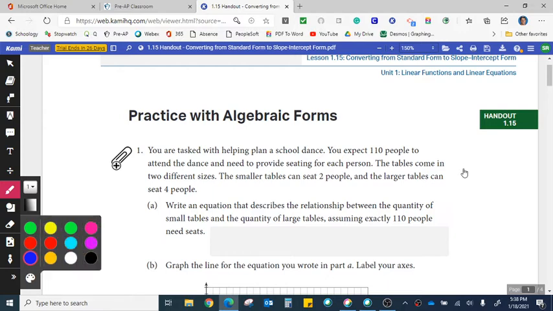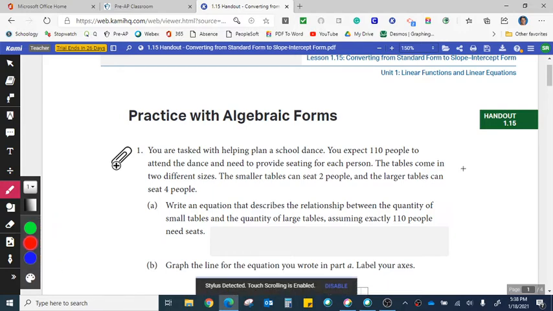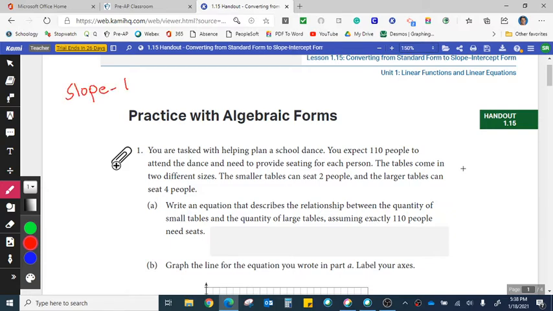To show you, just remember we have to memorize these forms, and one of them is slope-intercept form. Okay, and that's y equals mx plus b.